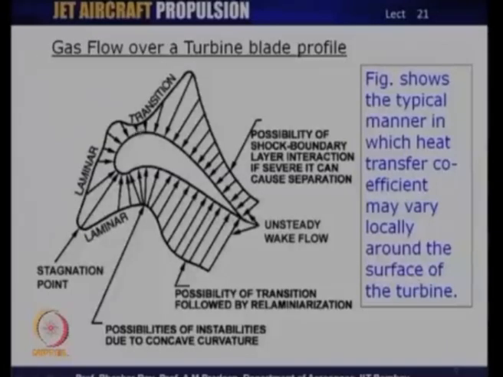So, most of the surface of a turbine blade experiences turbulent flow over it; only the leading edge part experiences laminar flow around the leading edge area, and then after that the flow transits to turbulent flow. Now, when the flow transits from laminar to turbulent flow, its heat transfer characteristic also changes.